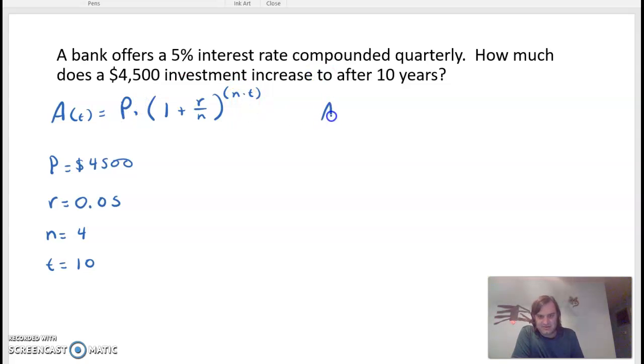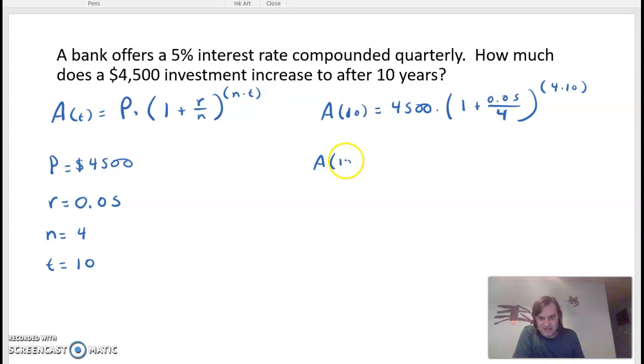So let's see here. We're going to have A of t, well, A of 10, since that's t, equals $4,500 times big old parentheses of 1 plus 0.05 over 4, all raised to the power of 4 times 10. And my instructional videos show you how to put this in the calculator.